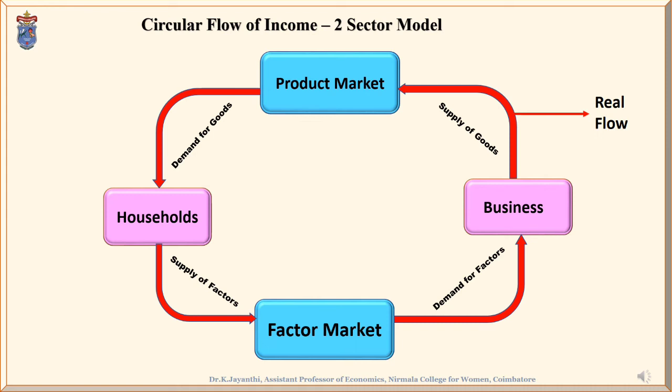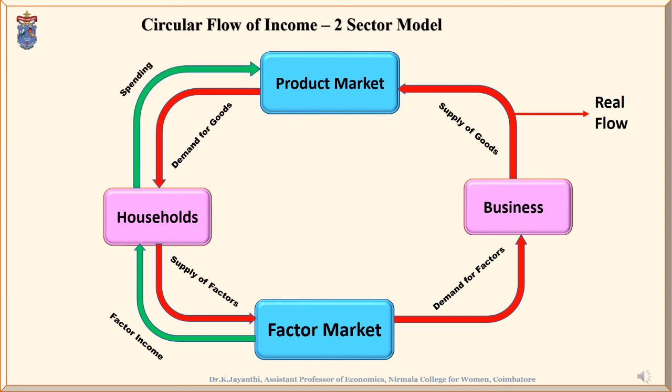The household sector receives factor income in the form of rent, wage, interest and profit by selling the factor services to the business sector. Thus, money flows in the form of income payments like rent, wage, interest and profits. Money so received is in turn spent by the household sector to buy goods produced by the business sector.